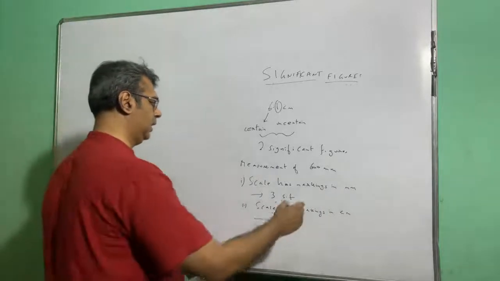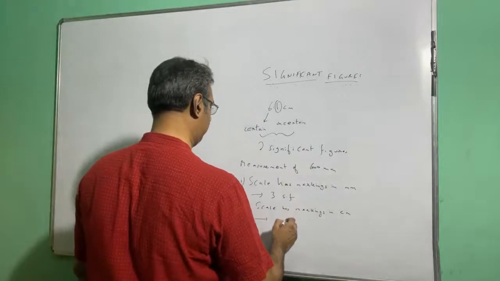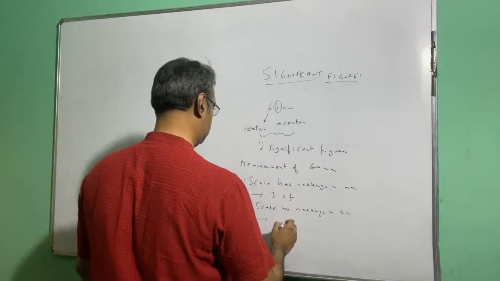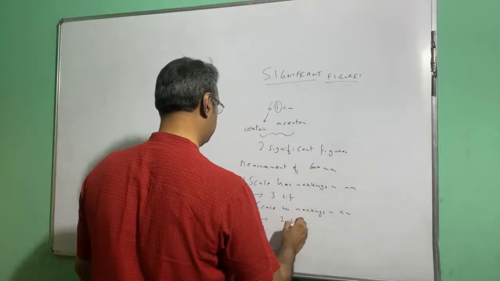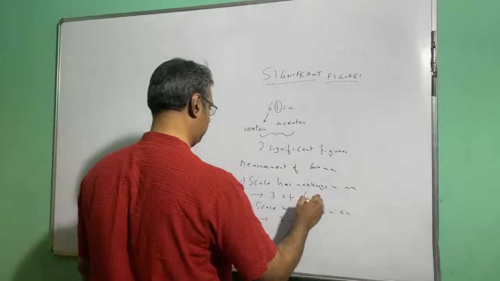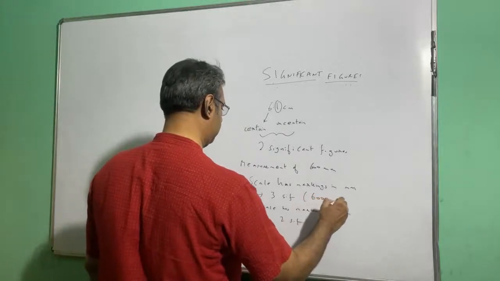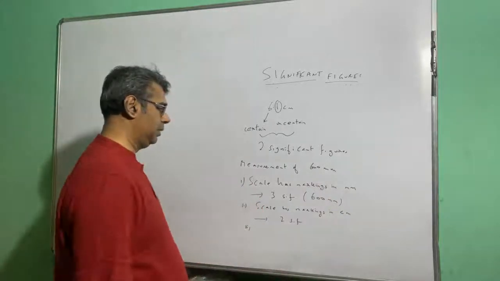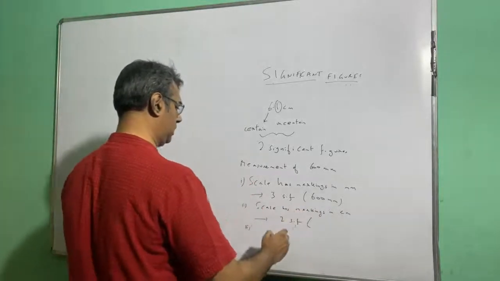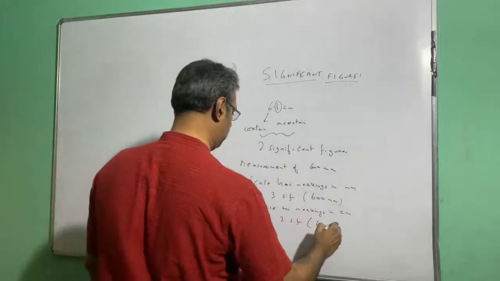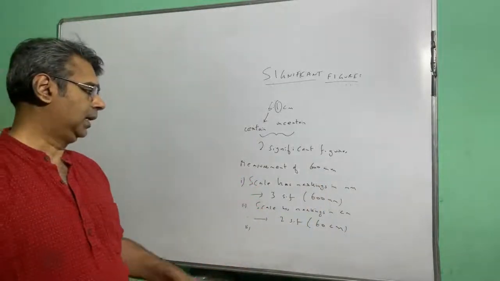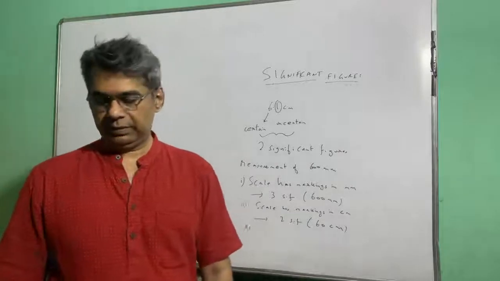So this should be read as 60 centimeter. So in that case there will be two significant figures, because if your scale has marking in millimeter, then this has to be read as 600 millimeters, so there are three significant figures. If your scale has marking in centimeter, then this measurement has to be read as 60 centimeter, and in that case there will be two significant figures, right?